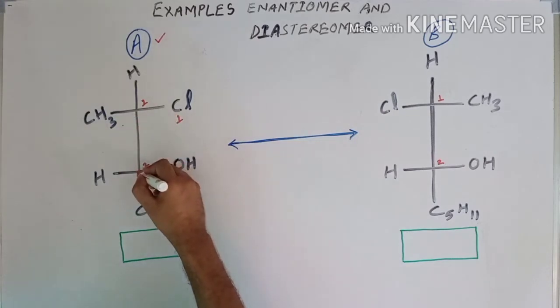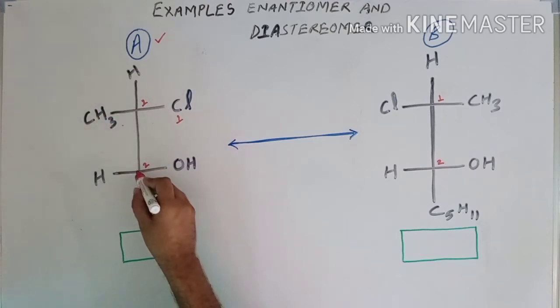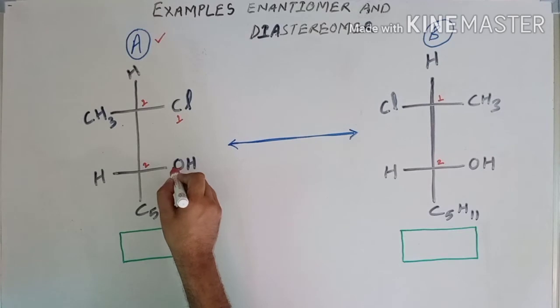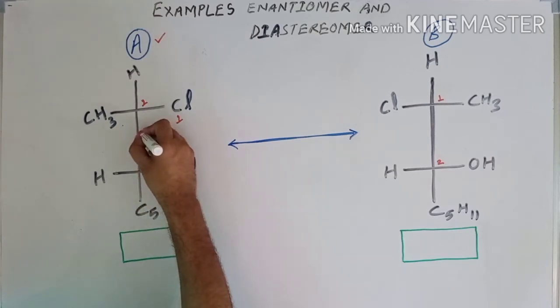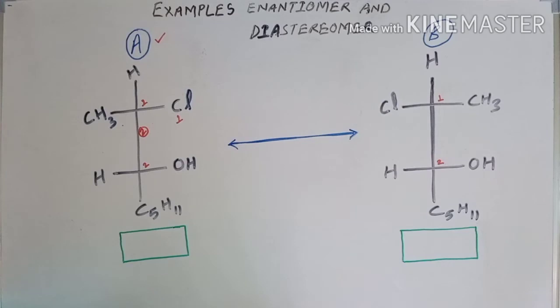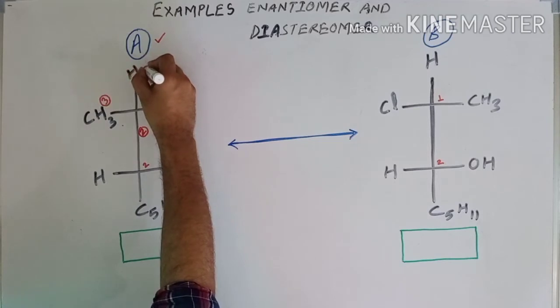Toward this side, this is also carbon, this is also carbon, but this carbon has 3 hydrogens, while this carbon has oxygen and another carbon. So the higher atomic number oxygen is present on this carbon, so priority number 2 will be given to this carbon or this group. Then third priority goes to this methyl group, and hydrogen has the least priority, 4.